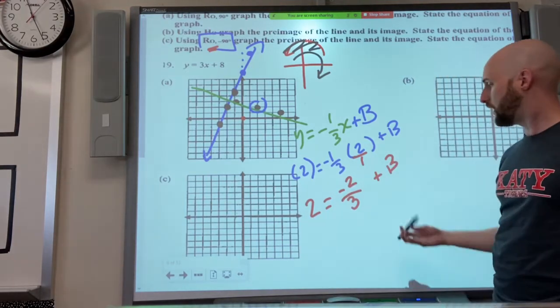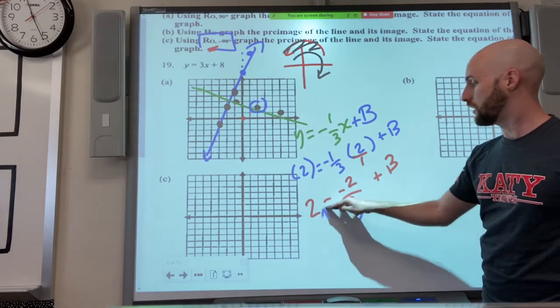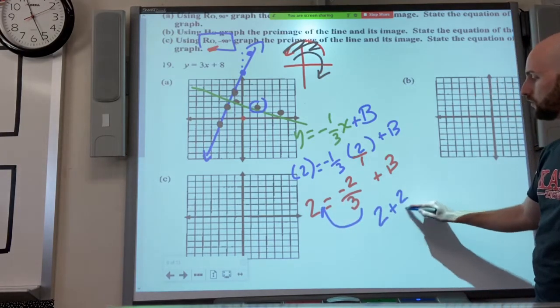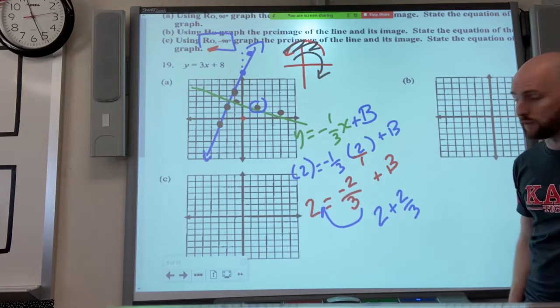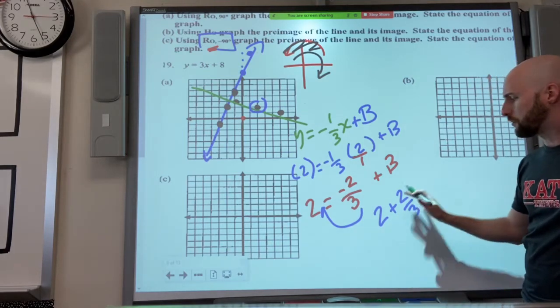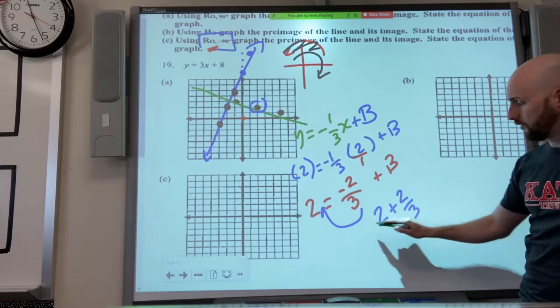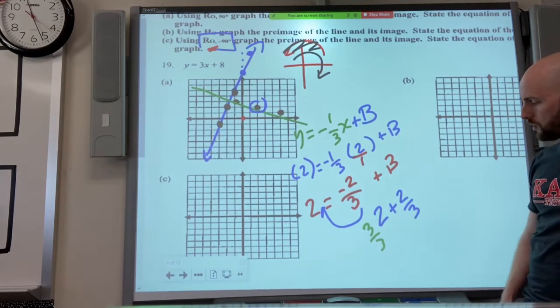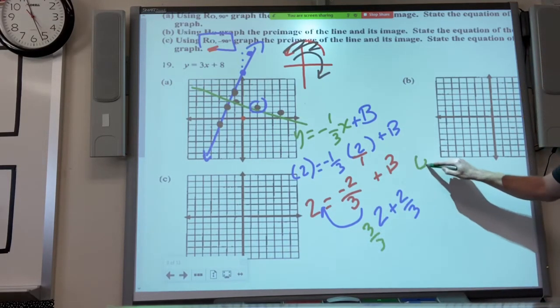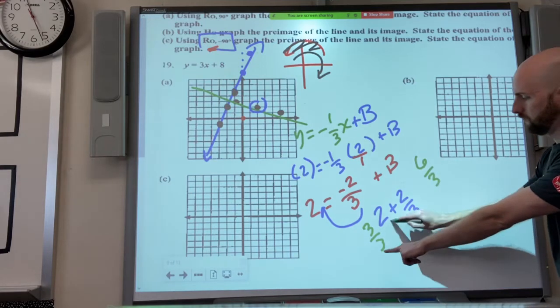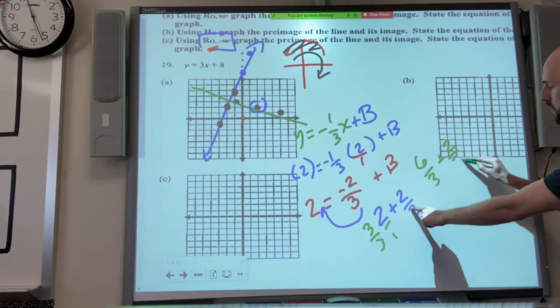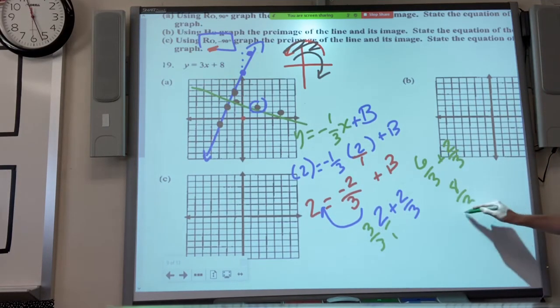And as I solve that, I know I need to add this to the other side. So 2 plus 2/3 is what that b value is. You might be able to do some of that in your head, but most of us will probably need a common denominator. That is a 3. So we're going to multiply by 3 over 3 and get 6/3 plus 2/3 is 8/3.